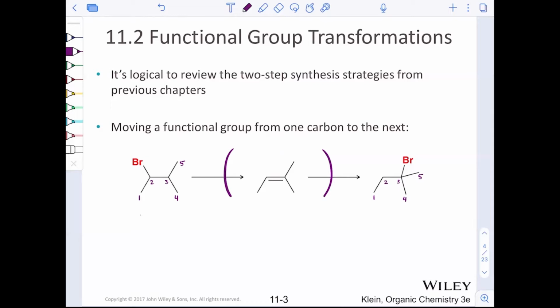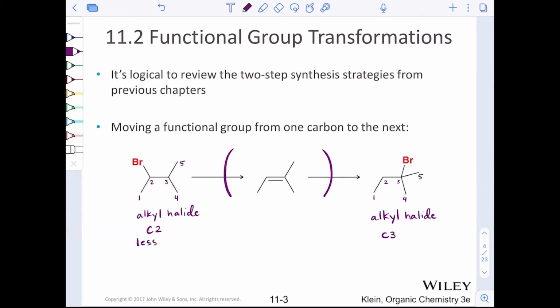I start over here with an alkyl halide, and I'm ending with an alkyl halide. But let's be a little bit more specific on carbon 2 versus carbon 3.